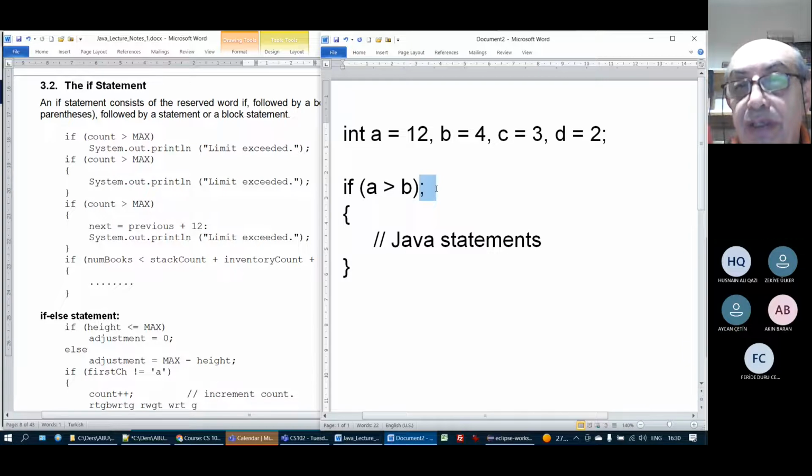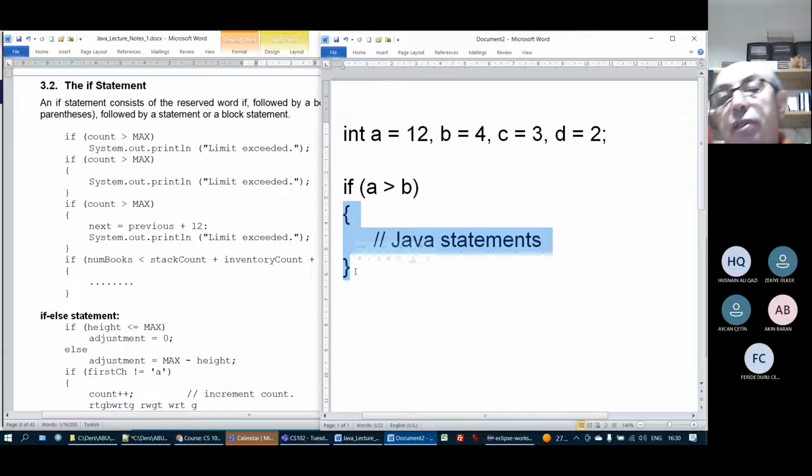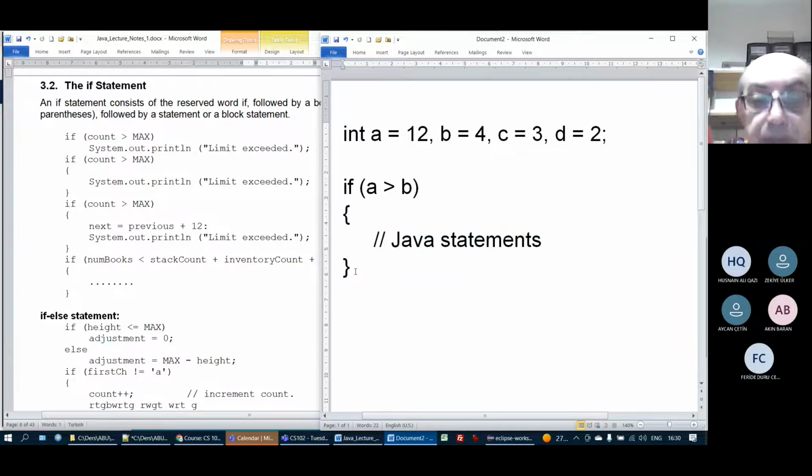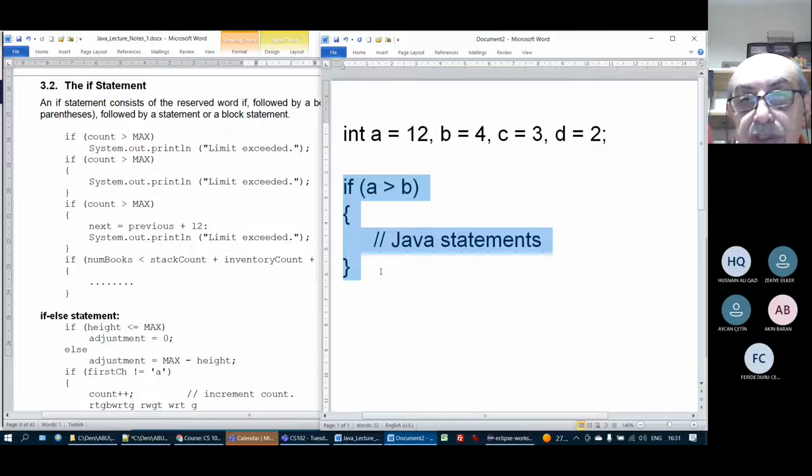It doesn't serve anything. So don't put a semicolon after B, because the if statement is followed by a block of statements which is put between curly braces, and the if statement is finished here. Putting a semicolon here doesn't help at all, okay? This is how an if statement is written.